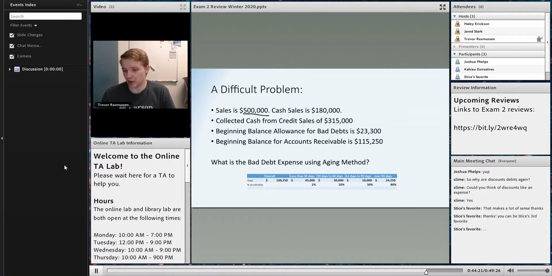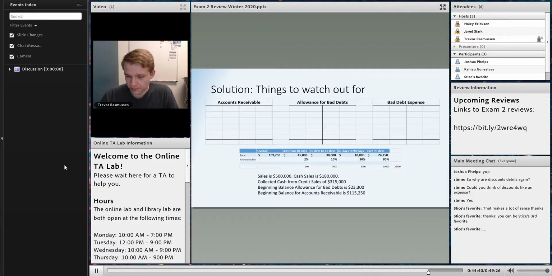And so when I hear that I'm doing the aging method, hopefully we remembered my little hint that this is the total accounts receivable. So we need to plug that in and see if there's any write-offs before we jump in and start doing all of these discounts. Well, I guess not before, but we need to make sure we do that. So here are T charts, empty and ready to go.